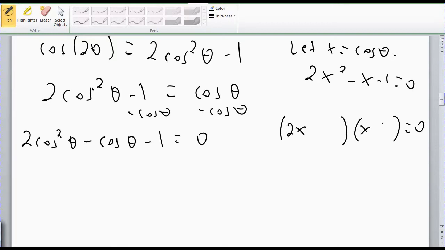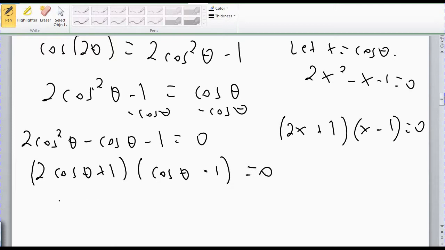So we have 2x plus 1 and x minus 1. I've already done the work above, so let me just repeat my steps without having to actually repeat them all. I'm just going to put in 2 cosine theta plus 1, because everywhere I have an x, I now have cosine theta, and then cosine theta minus 1 equals 0.